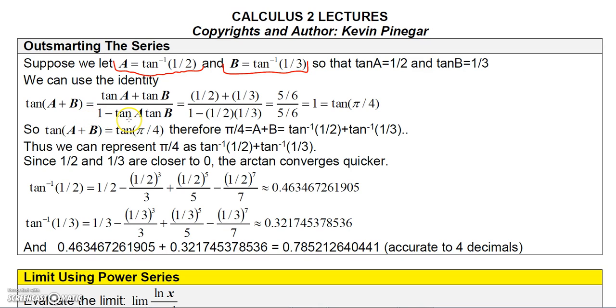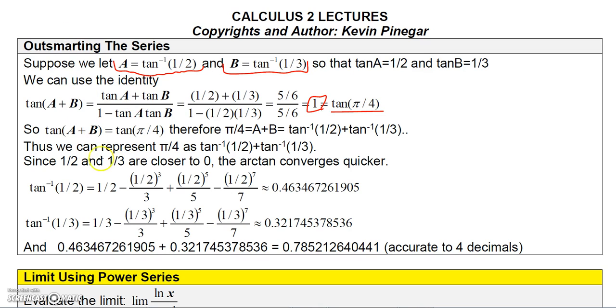In the denominator, we'd have 1 minus 1/2 times 1/3, so that'd be 1 minus 1/6, which is 5/6. So this expression would be 5/6 over 5/6, which is 1. And 1 is actually the tangent of pi over 4.